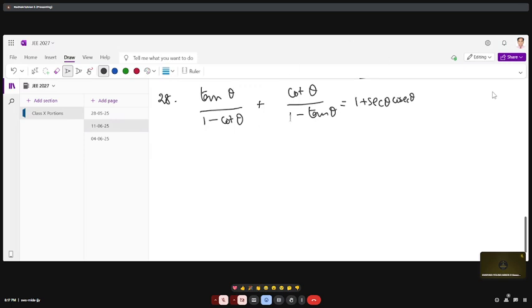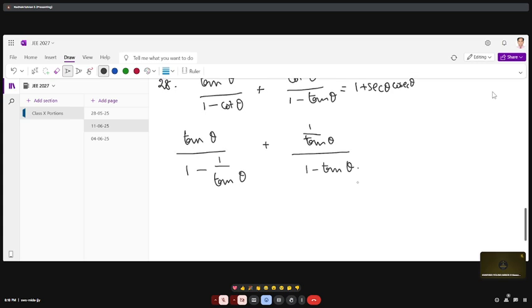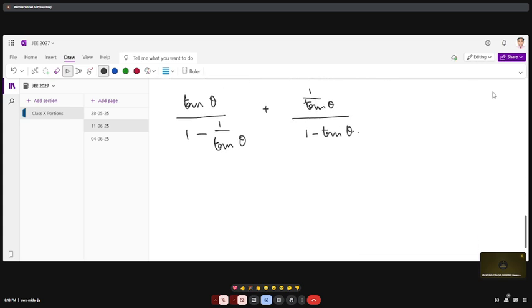Okay. I think you convert everything into one. Anybody making any progress? Any able to do? Sir, trying. Okay. So what you can do, tan theta by cot theta is 1 by tan theta. Okay, so this is what it becomes.